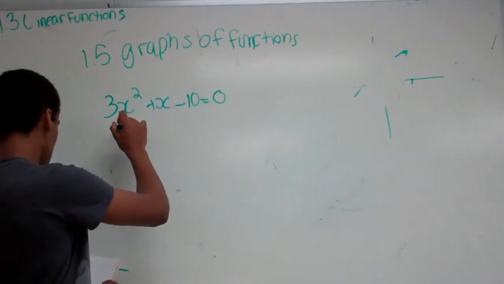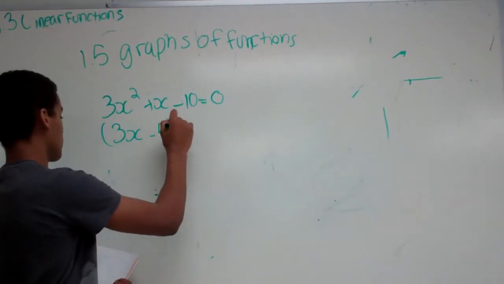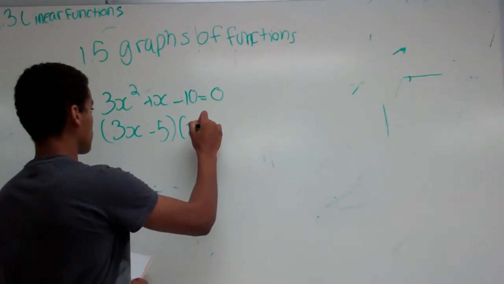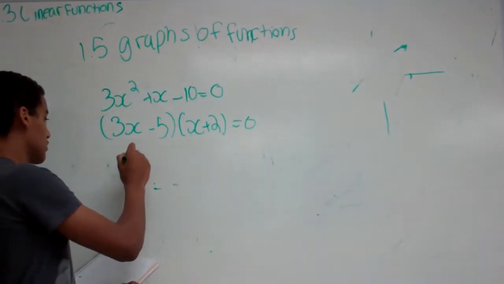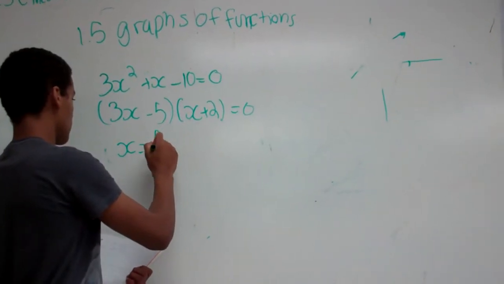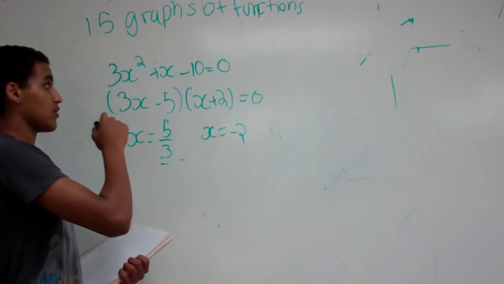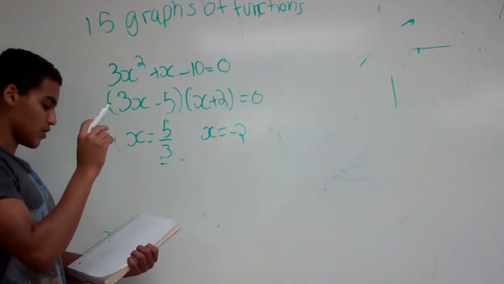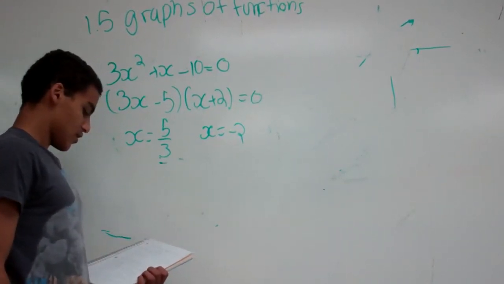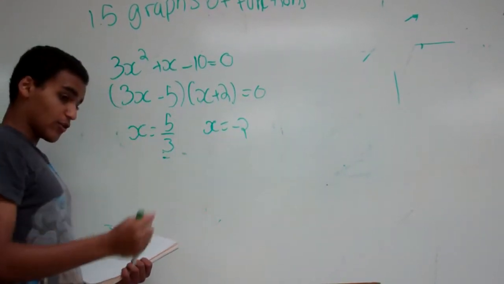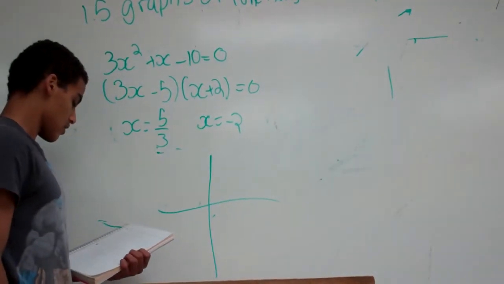First step is factor, so we're going to end up with 3x minus 5, x plus 2 equals 0, and eventually when we set them both equal to 0, you're going to get x equals 5 over 3, and x equals negative 2, and this means that these are the zeros when you graph this given equation.